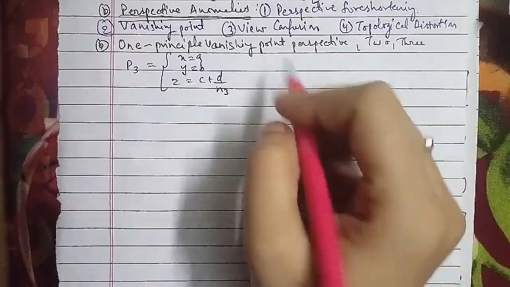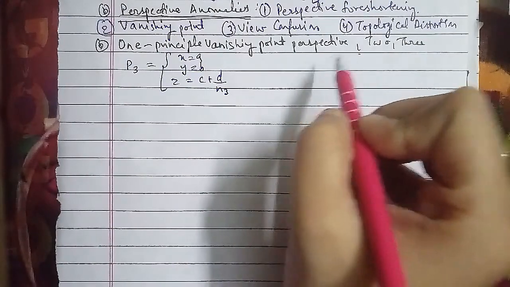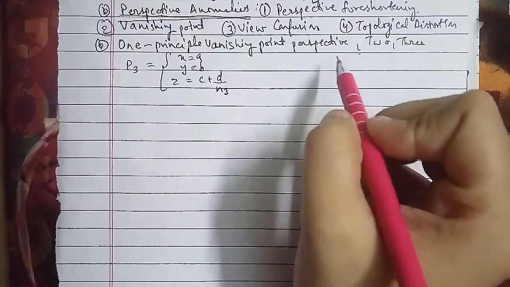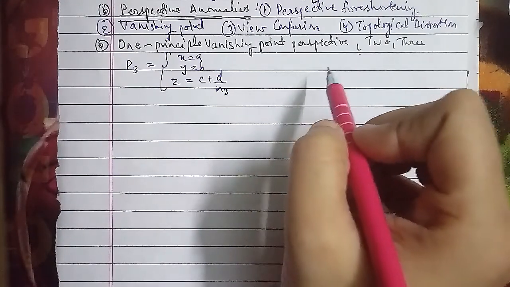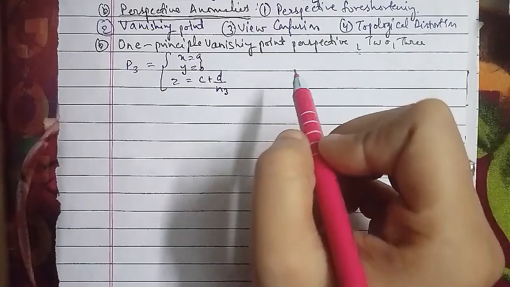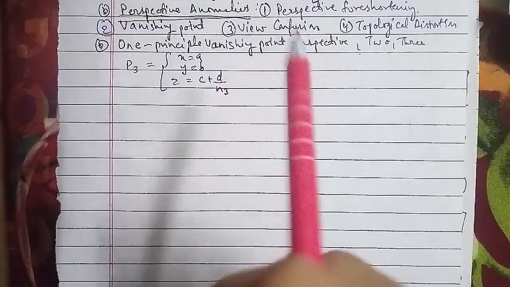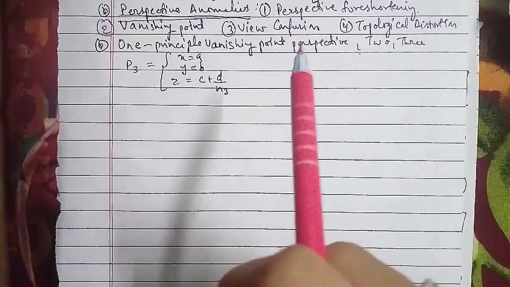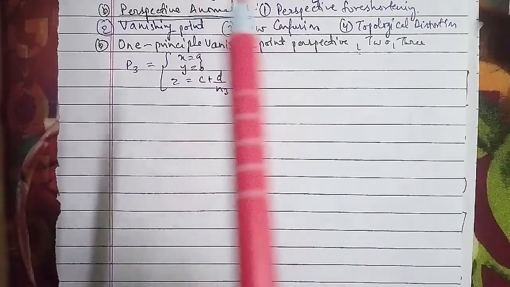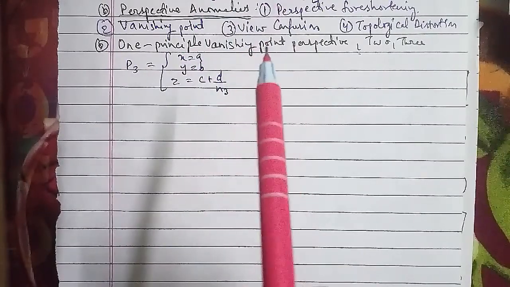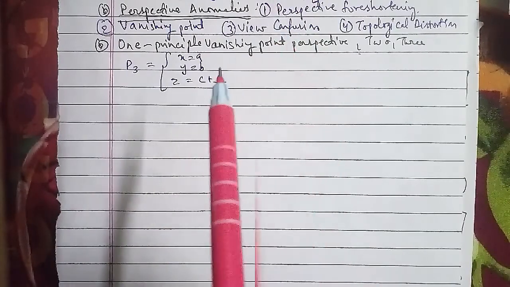The second, as I talk about, is the two principal vanishing point perspective, which occurs when the projection plane intersects exactly two of the principal axes. In the perspective drawing with two principal vanishing points, the projection plane intersects the x and y axes, and the normal vector satisfies the relationship n dot k equals 0, that is n3 equals 0.